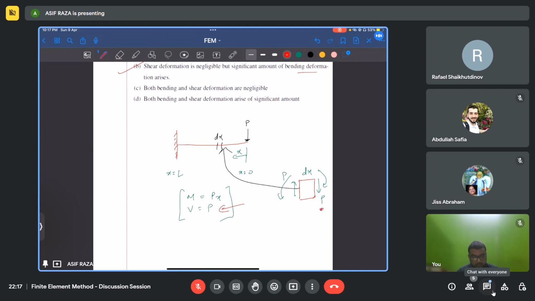Whatever my shear force is at this point, the same is there at the other point. So in this section, the dx, there won't be shear deformation into play.